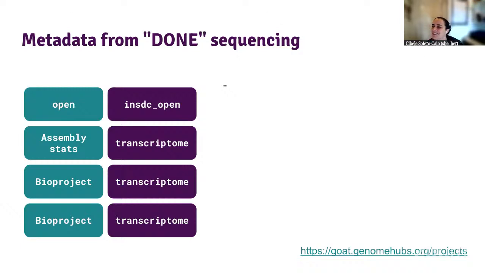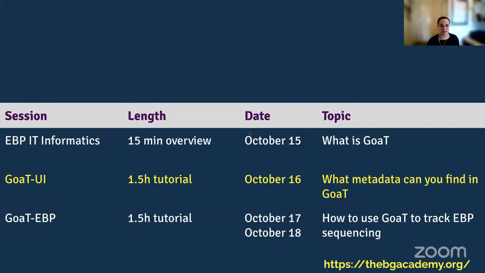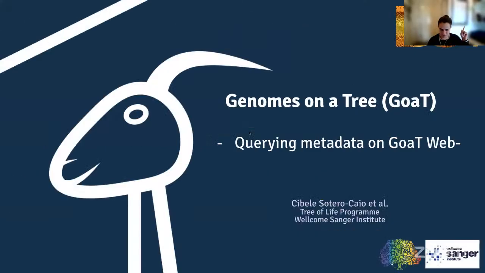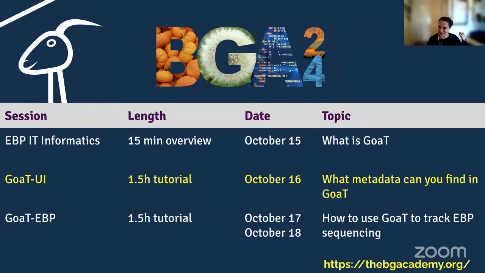Can you see my slides now? Yep. Great. Let's go back a bit so people can see my pretty pictures, because I didn't spend all of this time just talking. These are the three different sessions. Yesterday we had a 15 minute overview. Today we are having this 1.5 to 2 hour tutorial: what metadata can you find in GoaT?